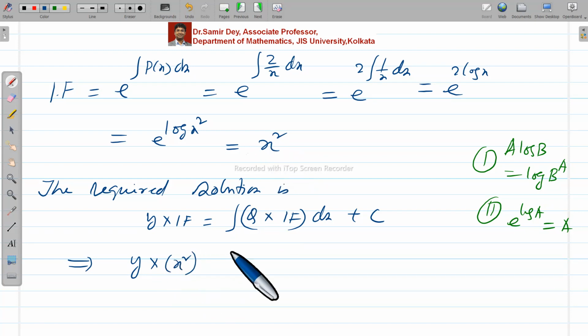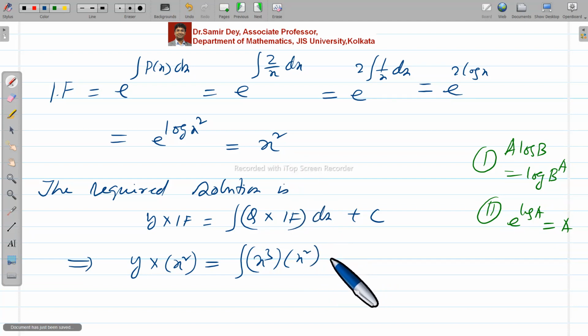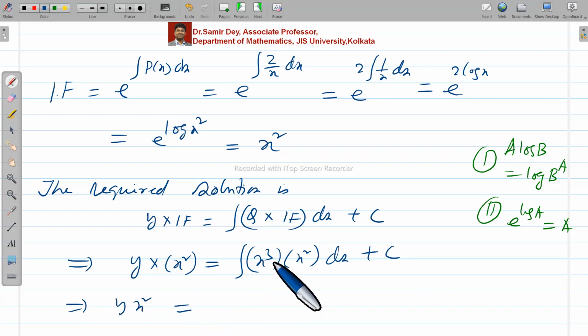Clear? Is equal to, what is your Q? Anyone? X cube. Yes, very good. X cube into x square, the integrating factor, into dx plus c. Ultimately it is coming y x square is equal to integral of x to the power 5 dx plus c.